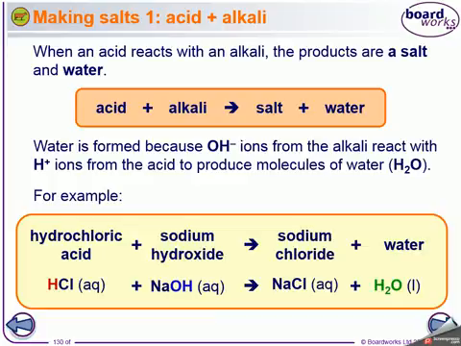So when an acid and alkali react, it makes salt and water, don't forget that. Again with this, hydrochloric acid plus sodium hydroxide, what is the salt going to be called? I know it's going to begin with sodium because the metal from the alkali is sodium, and because it's hydrochloric acid, I know it's going to end with chloride, so it makes sodium chloride.